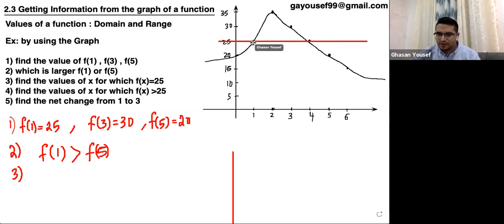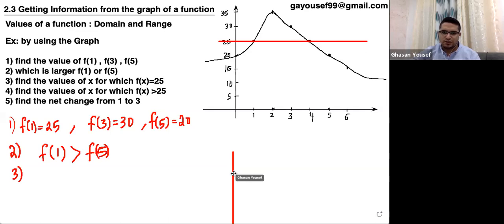This is correct. Amr said 4, correct. But we have another point, Amr. And what is the second point? Is 1, correct. So as we see here, the horizontal line, the red one, intersects the curve at this point and also at this point.